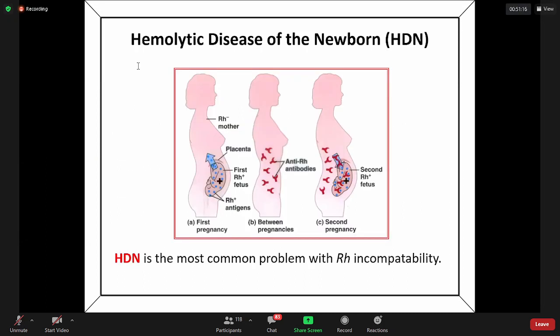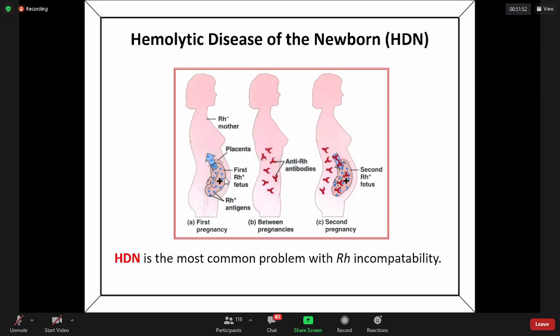So this is a schematic presentation. You have a rhesus negative mother who gets impregnated by a rhesus positive father. The baby is rhesus positive. The rhesus positive antigens cross the placenta to the mother to form rhesus antibodies.